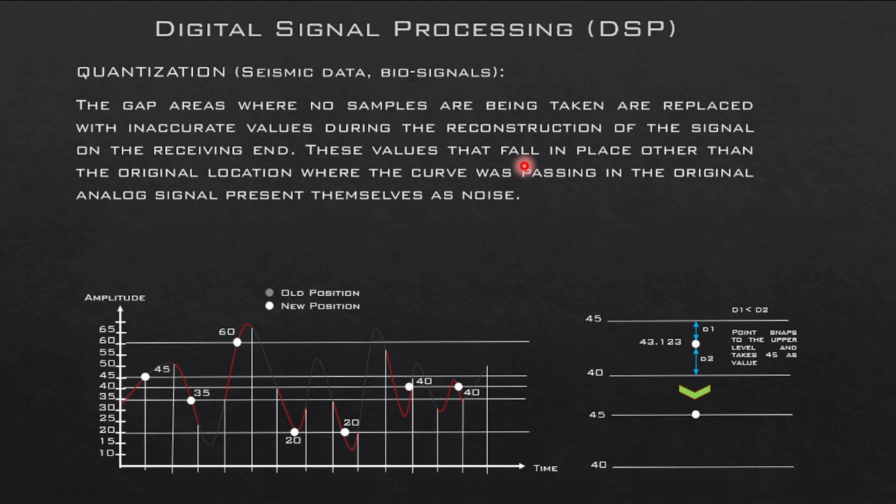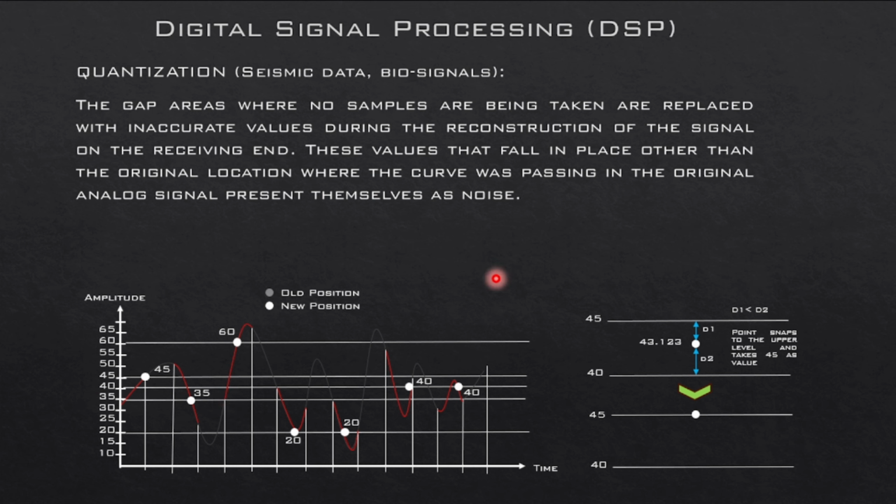This will represent some kind of distortion in the signal, and what you would get instead is some form of erroneous values that will appear as noise within the signal. These values that fall in places other than the original location where the curve was passing in the original analog signal when it was recorded present themselves as noise.